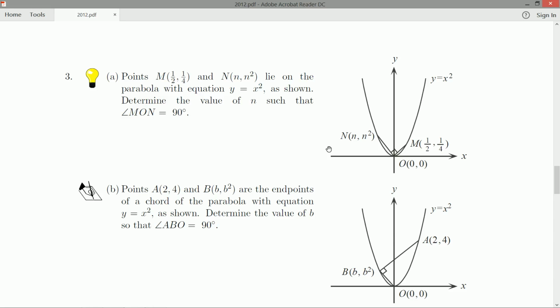So I see sort of 2 approaches. The first one, we see that MON, that's 3 points, we could form a triangle and we'd need it to be right angled. So we could calculate the distance from O to M. That's going to be an actual number we can work out. O to N, that's going to be a different distance, but we could still figure out that length. Then we'd have the 2 legs of the triangle. Now, calculating the distance between M and N is still possible.